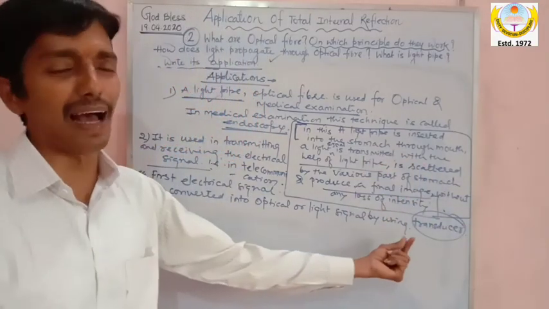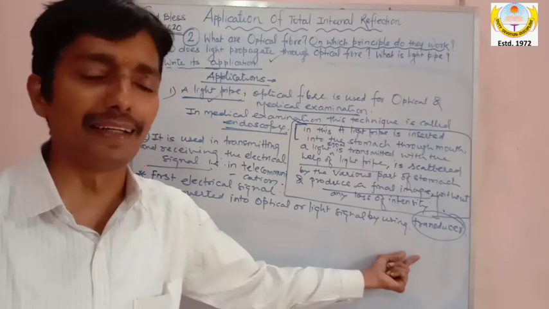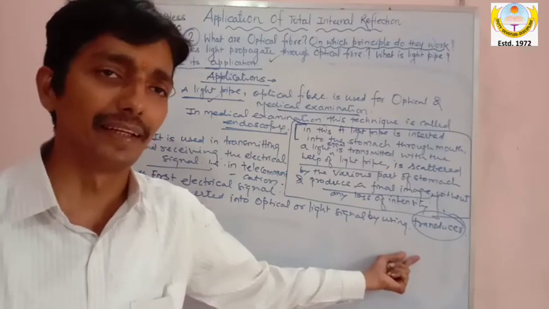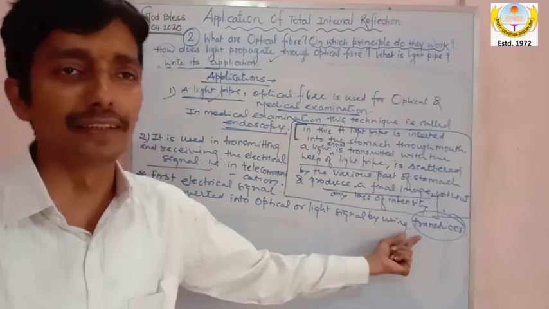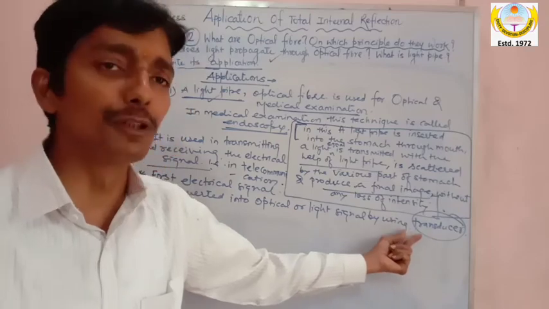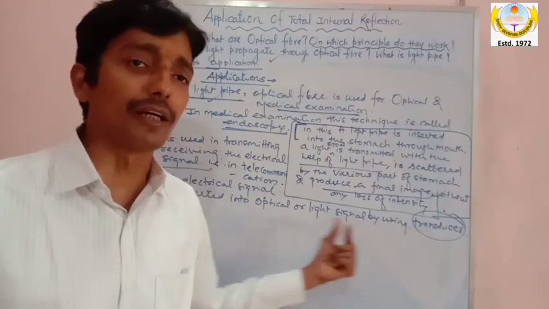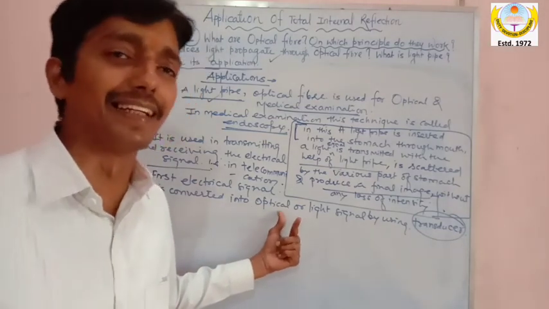Please, I will teach you all this when we go to that chapter. Earlier there was communication in our 12th standard where we use this word transducer. My dear, the transducer is used for conversion. So here I have used the transducer first to convert the electrical signal into a light signal.